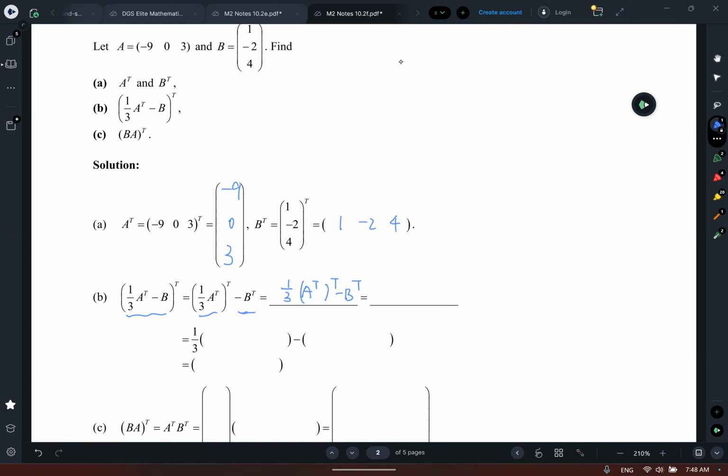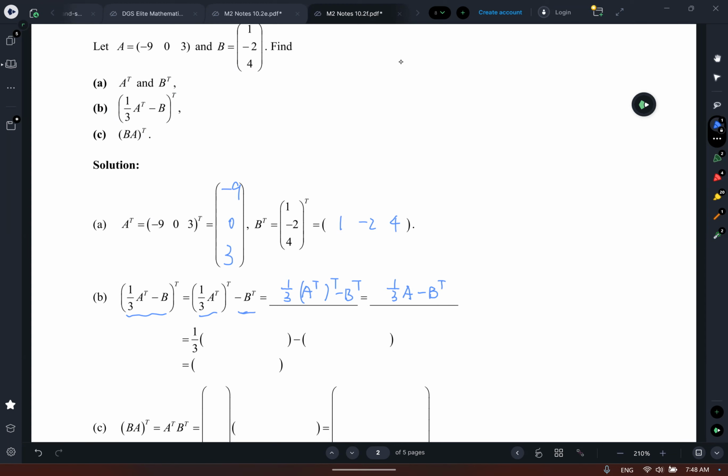I can do the scalar multiplication second and the transpose first. It looks like I just took out one third, but that is one of the properties we know: lambda A transpose is equal to lambda times A transpose. And then further simplify, we know that the transpose of the transpose is A. So that is the simplified version.